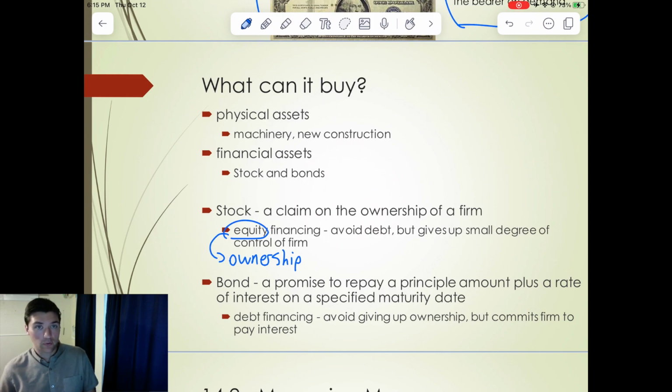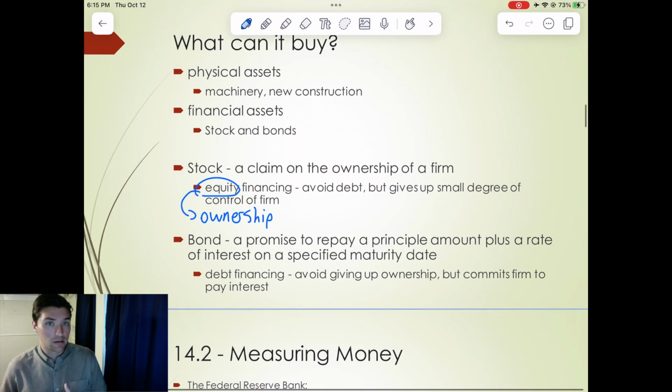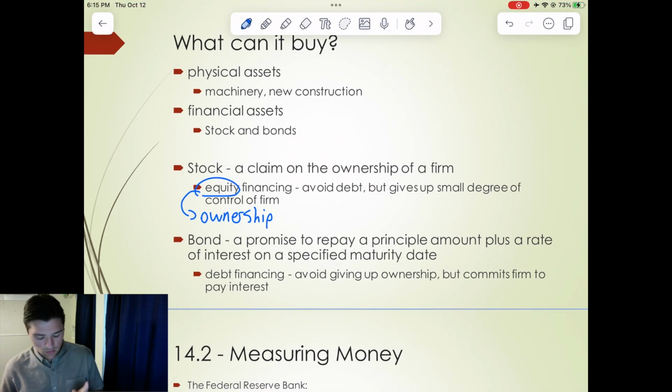This way they avoid debt. They give up a small degree of control of the firm, because you are an owner and you do have some stake or some say in what happens at the company. But this does avoid debt. Now, debt is something like a bond. A bond is a promise to repay a principal amount plus a rate of interest on a specified maturity date.